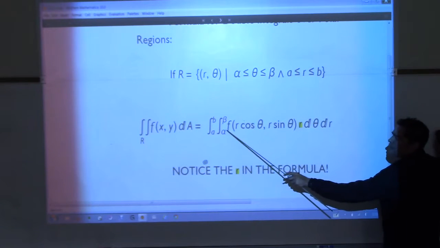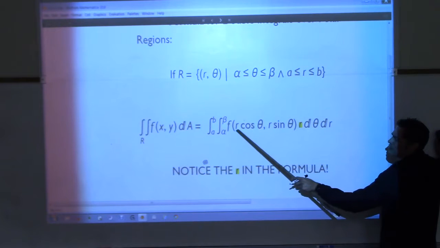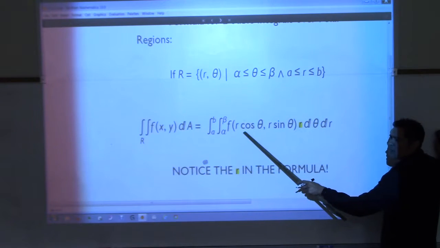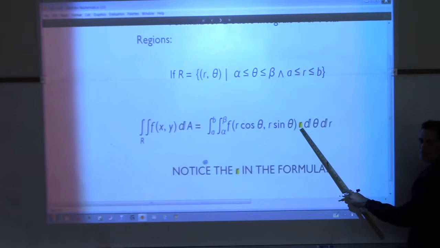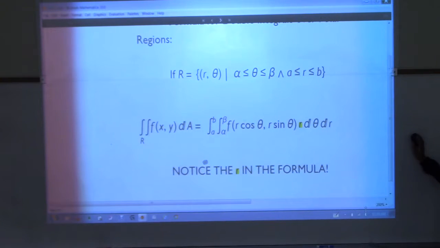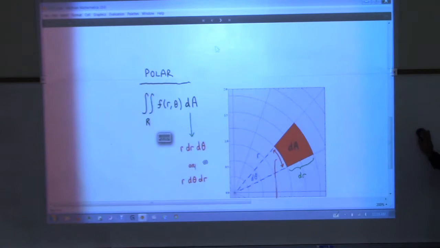And then f of, what's that? Yeah, that's our function, but replacing x with r cosine theta, and then y with r sine theta. And then this r, where is that coming from? That's what I was trying to get you to see right here.